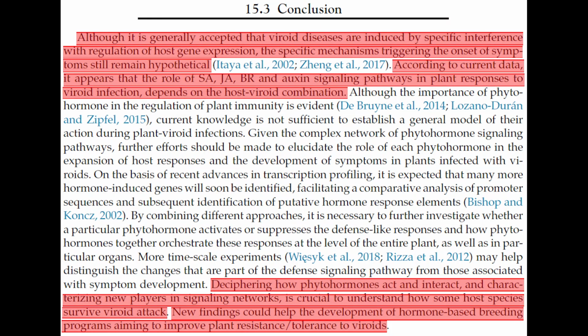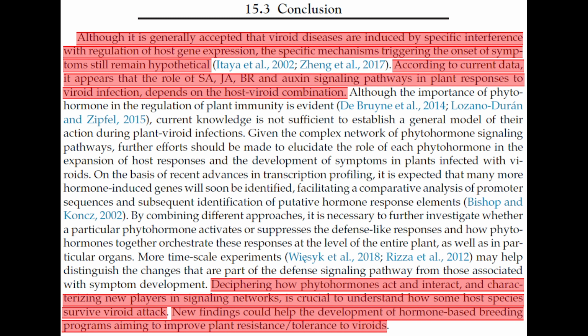Going forward, according to current data, it appears that the role of salicylic acid, jasmonic acid, brassinosteroids, and auxin signaling pathways in plant responses to viroid infection depends on the host-viroid combination.